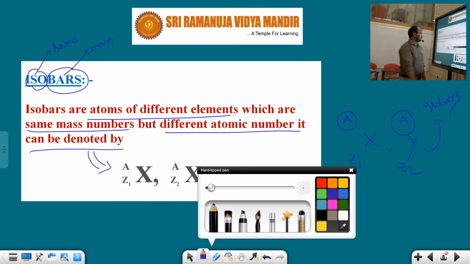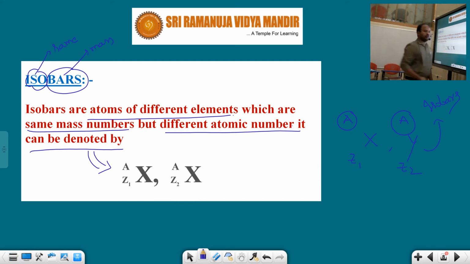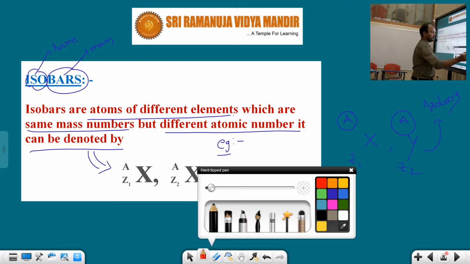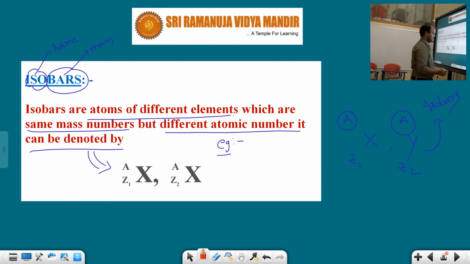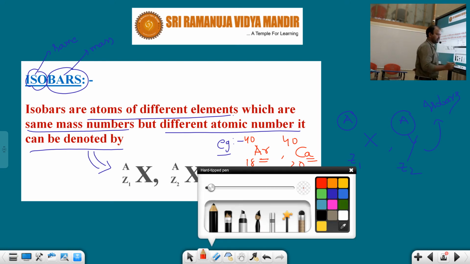For better understanding, we will take one example for isobars. If you take argon-40 with atomic number 18 and calcium-40 with atomic number 20, this is an example of isobars because we take two different elements and they have the same mass number.